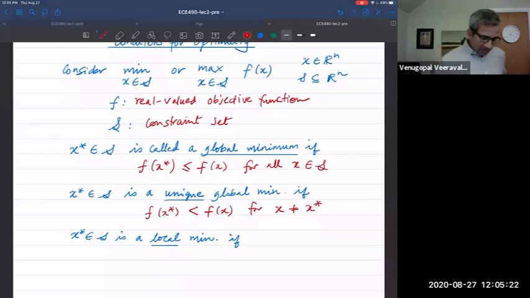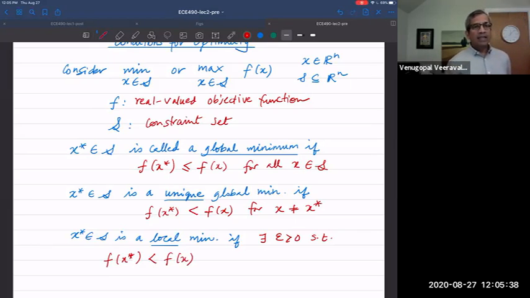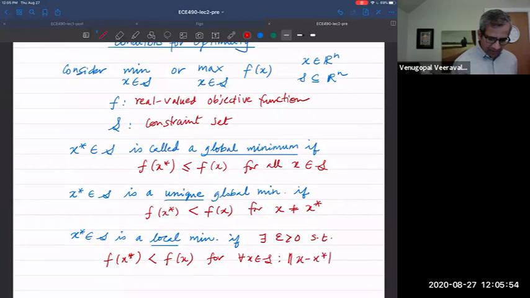So x star is called a local minimum if there exists an epsilon positive such that f of x star is less than f of x, not for all x belonging to S, but for x such that the norm of x minus x star is less than epsilon.